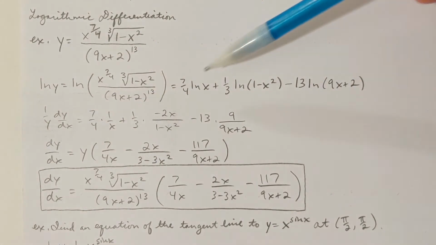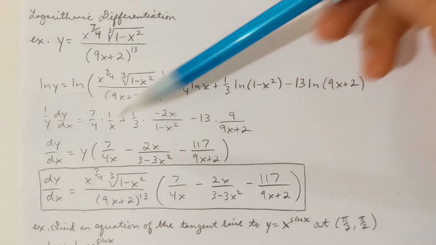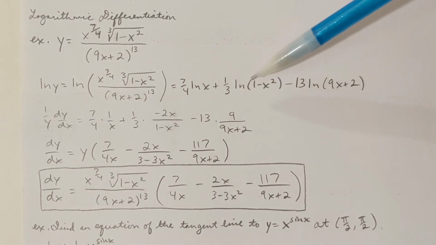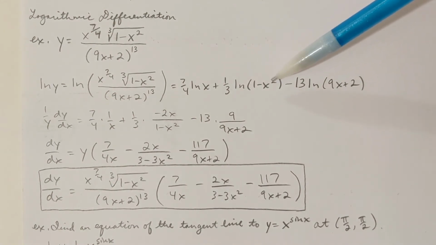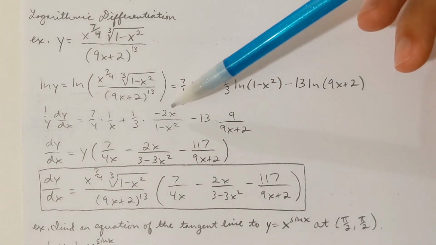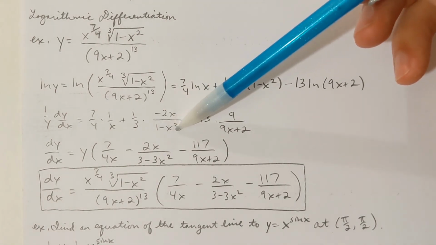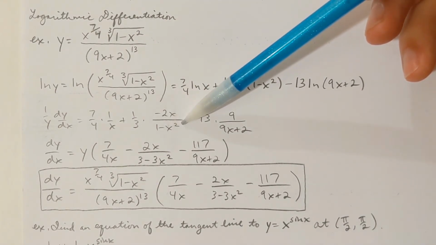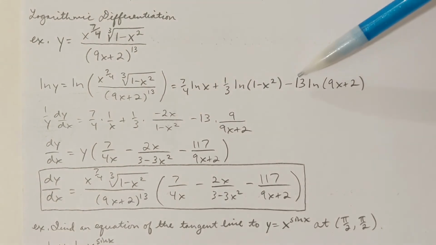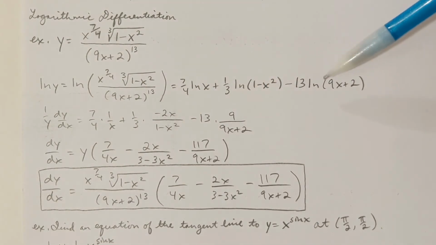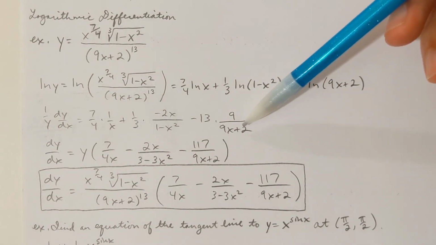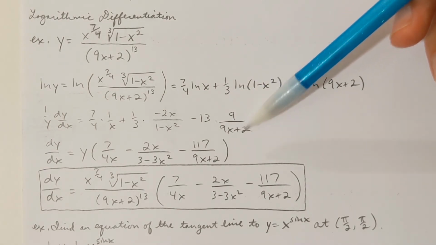So you're going to have 7/4 times the derivative of ln of x, which is 1 over x, plus 1/3 times the derivative of ln of 1 minus x squared, that'd be a chain rule. You have 1 over 1 minus x squared times the derivative of 1 minus x squared, that is negative 2x. And then minus 13 times the derivative of ln of 9x plus 2, that'd be 1 over 9x plus 2 times the derivative of 9x plus 2, which is 9.